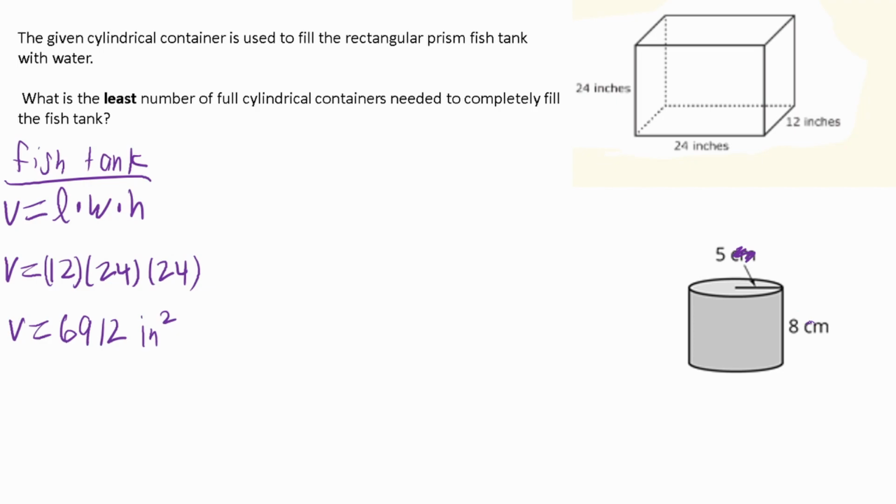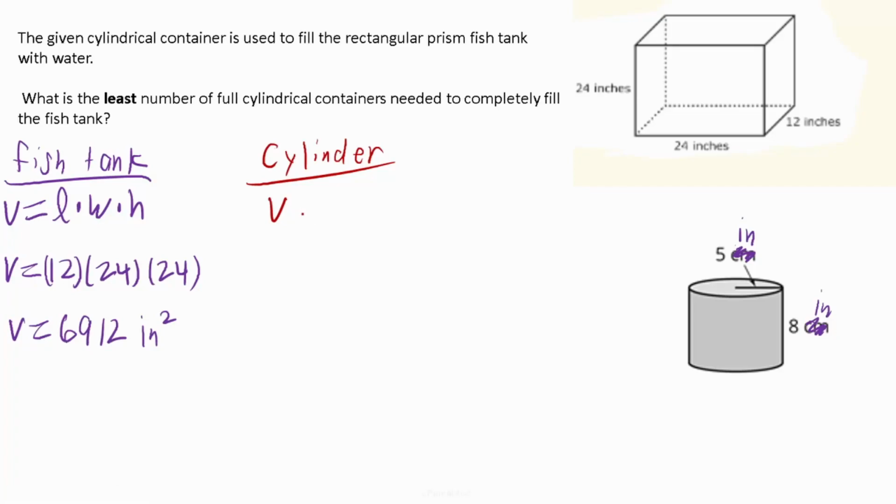We made a mistake here. These shouldn't be centimeters. This should be inches, right? So that we could continue this problem. So let's say the volume of the cylinder, like we've been saying, equals pi r squared h.